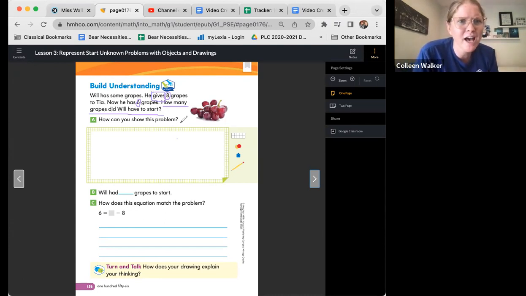Okay, now it says, how can we show this problem? What do you guys know about this problem? Can you pause to tell your homeschool teacher what you know? Yes, we know that Will gave 8 grapes to Tia, and now he has 6 grapes. I need to know how many grapes Will had to start.